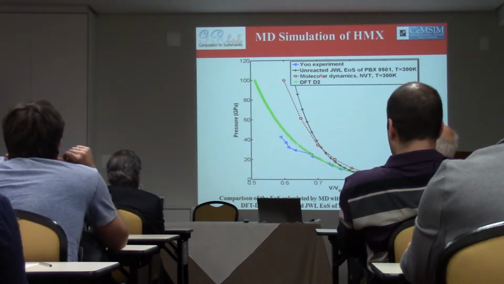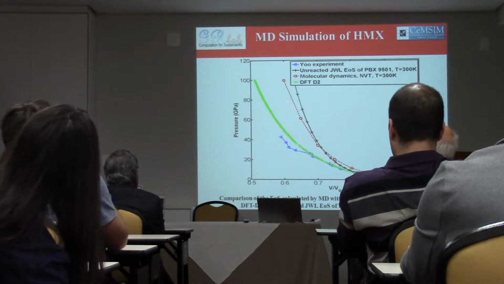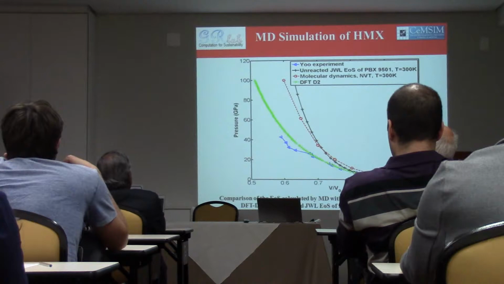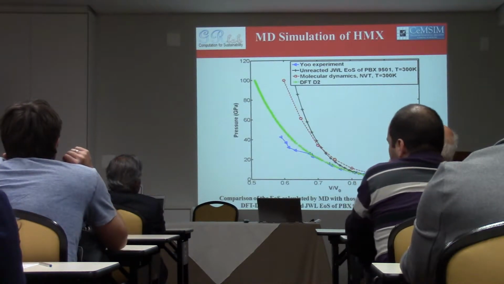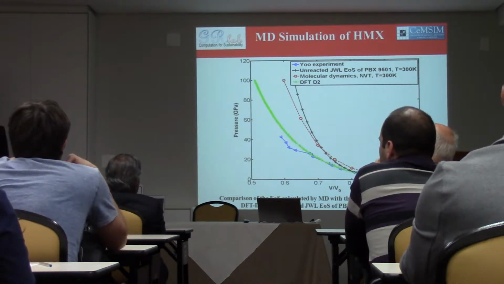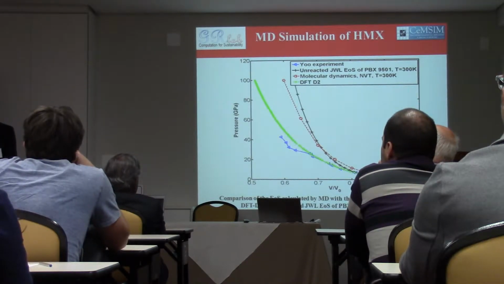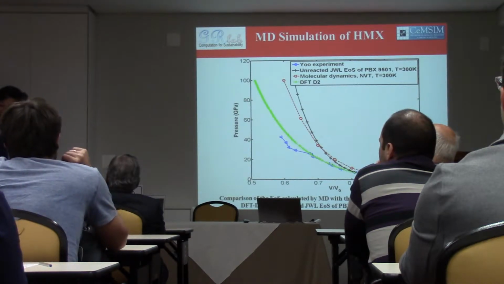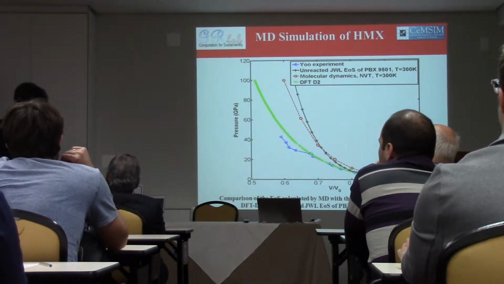But then we bring in the MD solution, which is this one. I get a curve like this. Now, at early stage, it looks good, but later on, it doesn't match very well. Now, remember that in our MD model, we actually use the reactive effect, meaning the force field has a reaction occurring in the process.